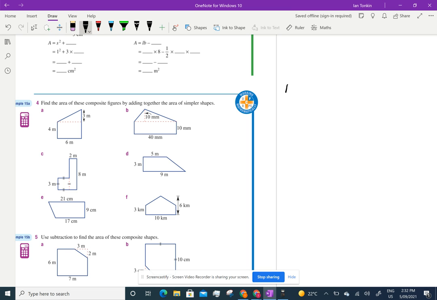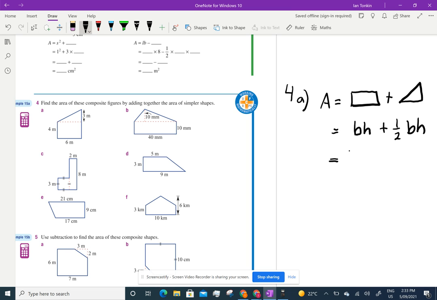This is fine for you to set it up like this. So 4A, the area. Well, what have I got? I've got a rectangle plus I've got a triangle, and I'm going to add those areas together. The rectangle is base times height, and the triangle is a half base times height.